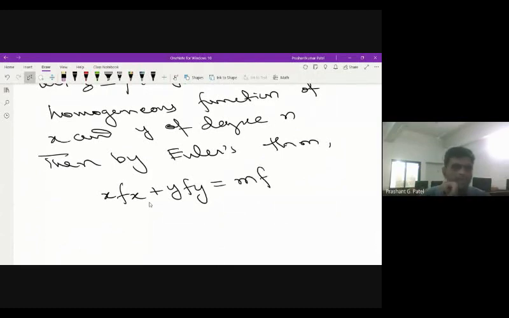If m is the degree, here I have taken the degree as n, so that is nf. So this is the partial differential equation which is satisfied by the function f, which is a homogeneous function. So this is another way of looking at the situation. So what we have done in these examples is discussed from 1 to 3, and this is the fourth one.